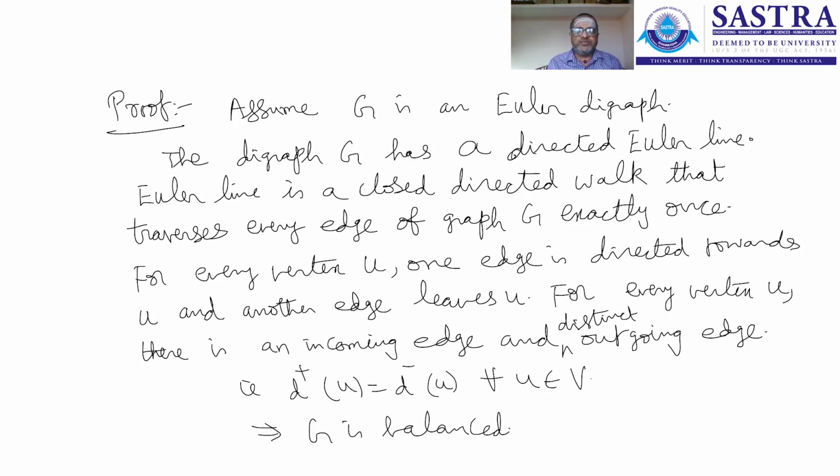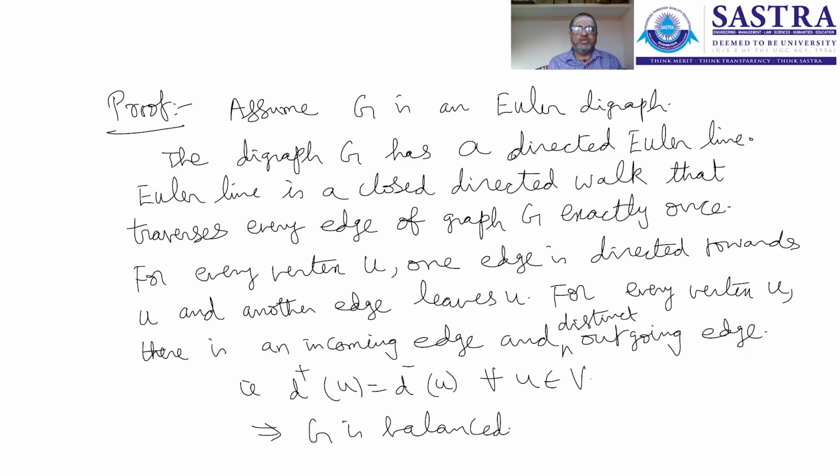When I have such a combination, the incoming degree and the outgoing degree, or in degree and out degree, of a vertex will be the same. So in this case you have d plus u is equal to d minus u, and this is true for every vertex u in V. So you say that the graph G is balanced.